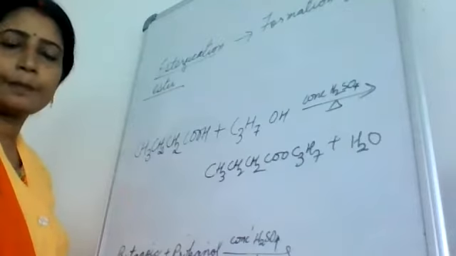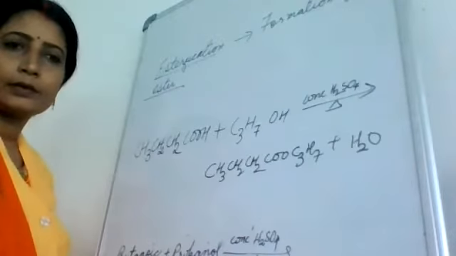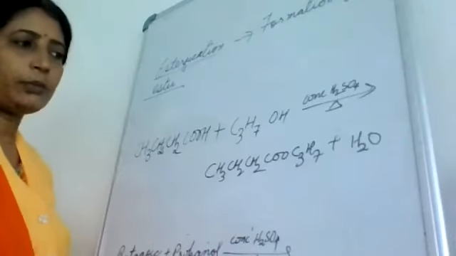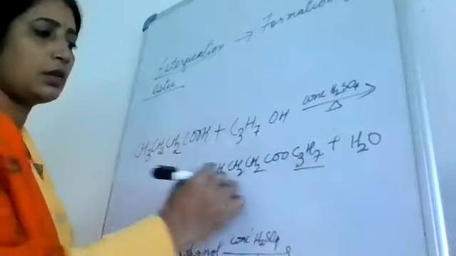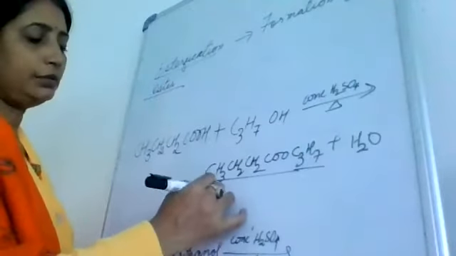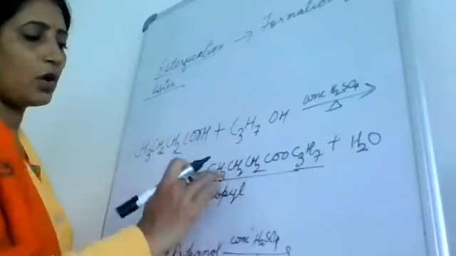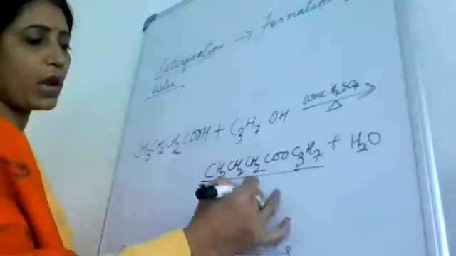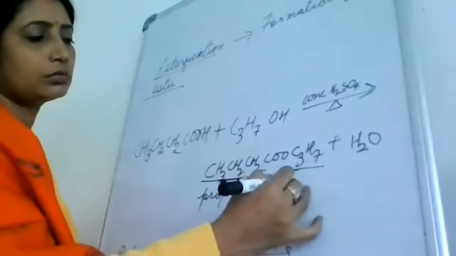What will be its name? Ma'am, propyl butanoate. Propyl, and since this has 1, 2, 3, 4 carbons, it is propyl butanoate.